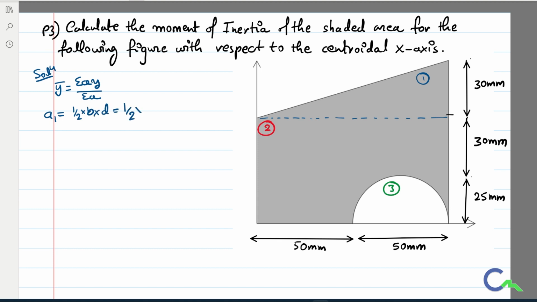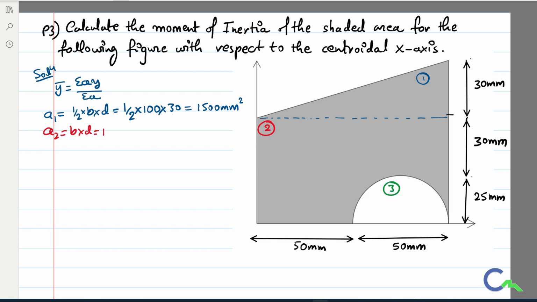Half into base of the triangle, we can see from the figure, is 100 mm, then the height of the triangle is 30 mm. So I will get the area of this figure as 1500 mm square.